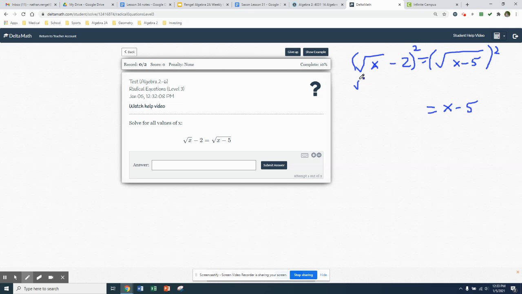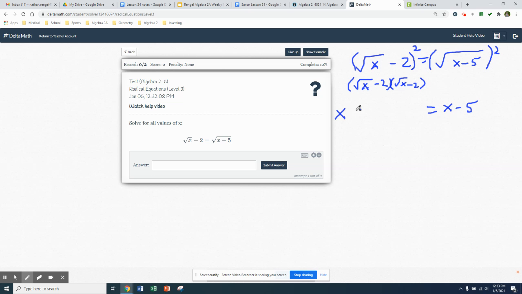But here, just like before, I've got a binomial. So this is going to be the square root of x minus 2 times another square root of x minus 2. So we do need to FOIL that out. We'll use a couple of our skills with FOIL and also the rules of how square roots work. My firsts are going to be square root of x times square root of x, which ends up being x.